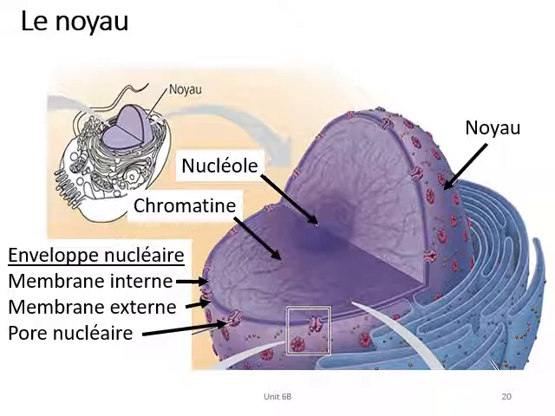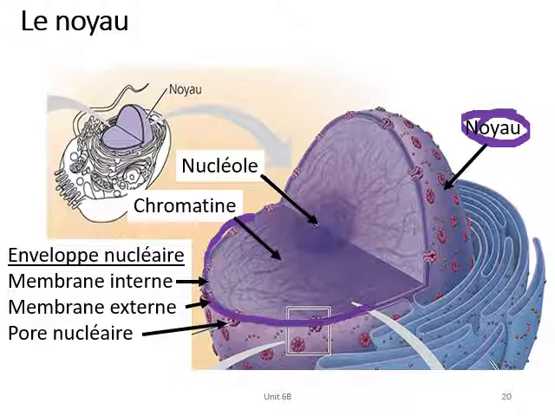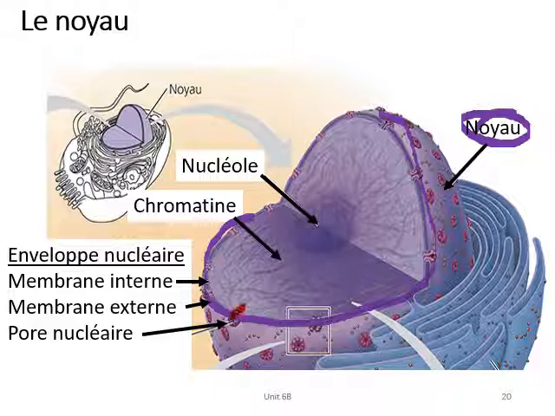Here is a diagram of the nucleus. The nucleus is the purple structure, just to help you see it. It's not really purple. It has a nuclear envelope or membrane that surrounds it. This membrane allows things to travel in and out of the nucleus through these pores called nuclear pores.